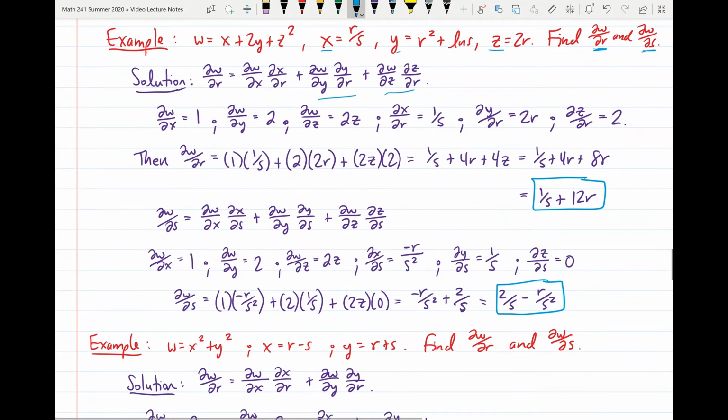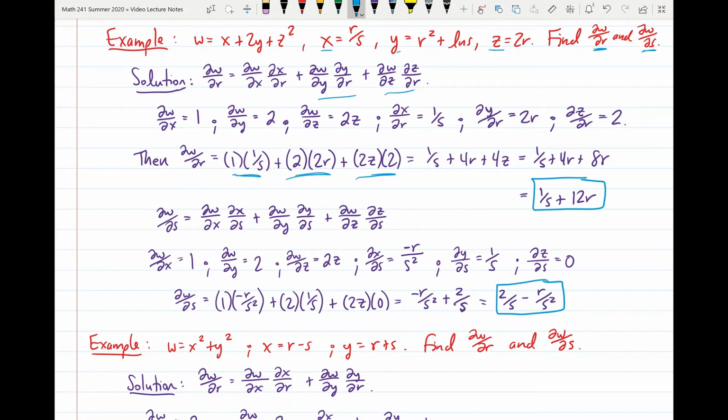And once we have all of those values, then we can plug back into our expression for the partial derivative of w with respect to r, and we get 1 times 1 over s plus 2 times 2r plus 2z times 2. We can make that look a little bit nicer here by making it 1 over s plus 4 times r plus 4 times z.